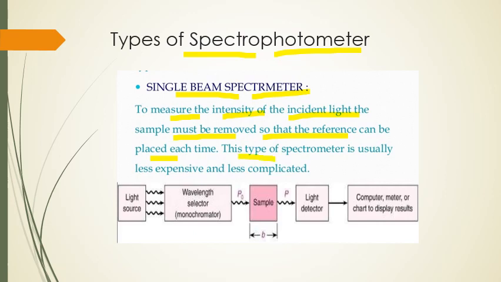This type of spectrometer is usually less expensive and less complicated. So you place one sample, then you can remove it and replace it with the reference, and then you can analyze your compound. But it is time consuming.